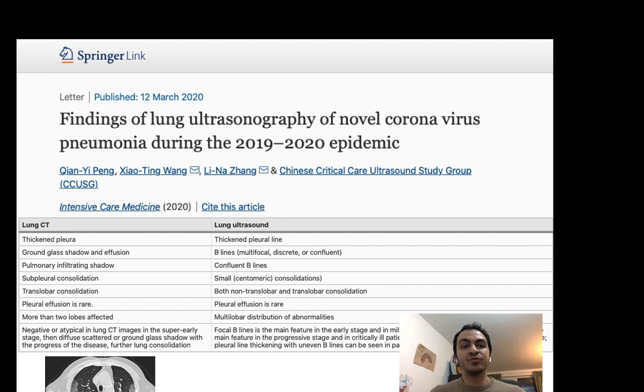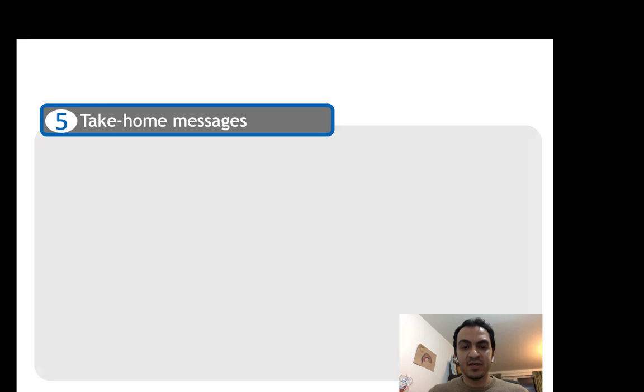And they tried to correlate between the lung CT scan findings and the lung ultrasound findings. And there was actually a good correlation, although of course the study involved a small number of patients, and we need further studies on a larger number of patients to validate these findings. But this is, I think, an important and stronger involvement of the lung ultrasound in such situations.